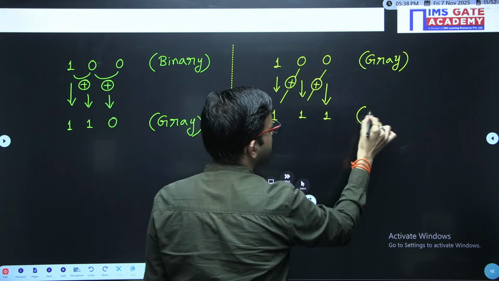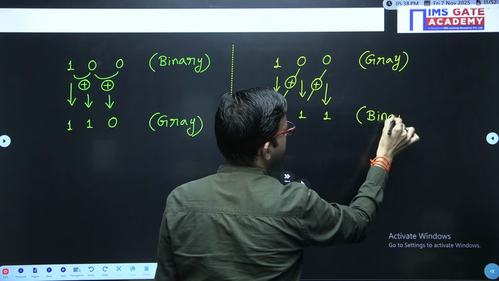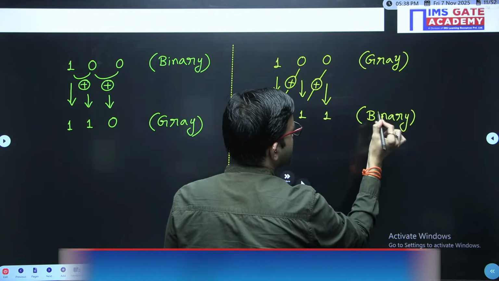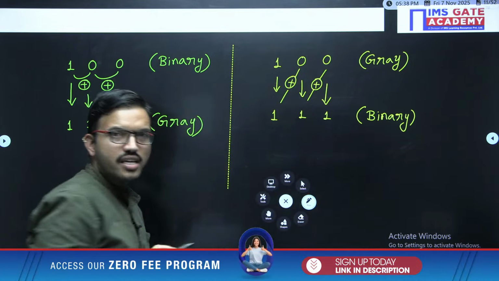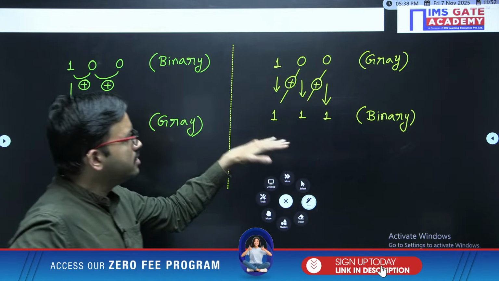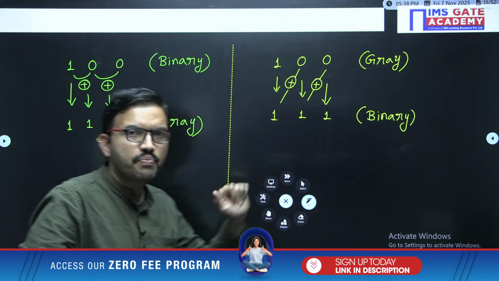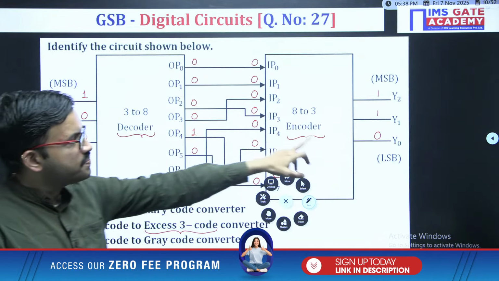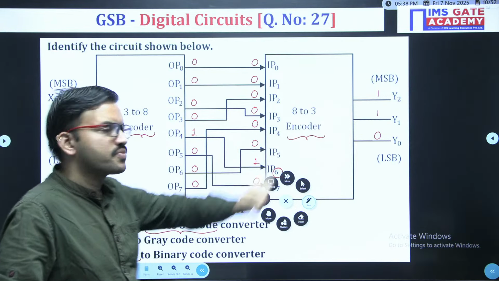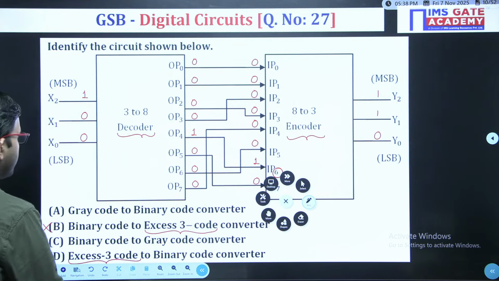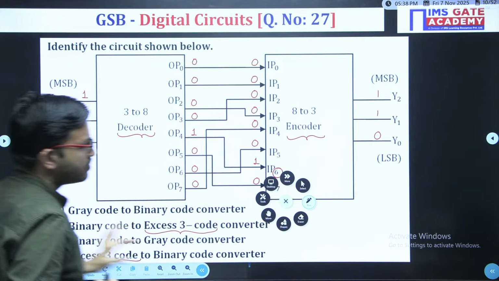Now this is your binary code. Suppose you have considered the input as gray, the corresponding binary in this example should be 111. But are we getting 111? No, we are getting 110. So that's the reason option A won't be correct.